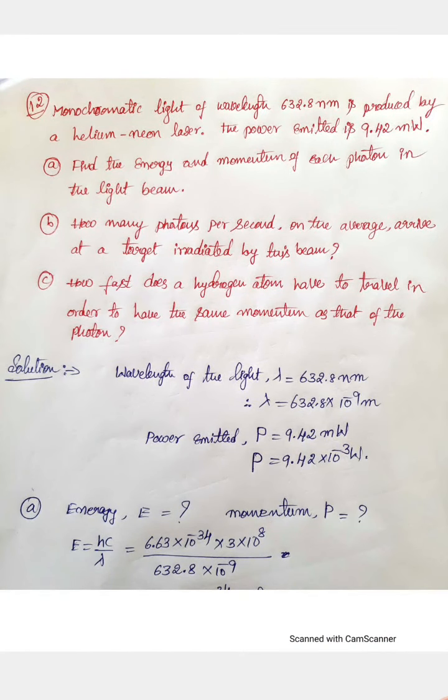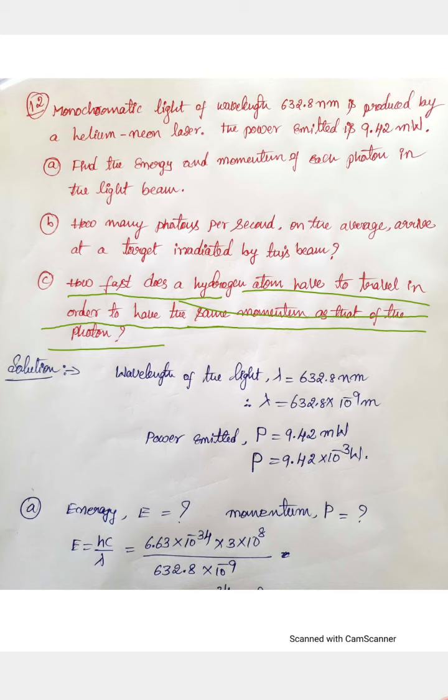What is that one? They have given how fast a hydrogen atom has to travel in order to have the same momentum as that of the photon. It means that we have to calculate the speed of the hydrogen atom, so that the hydrogen atom should have the same momentum as that of the photon.